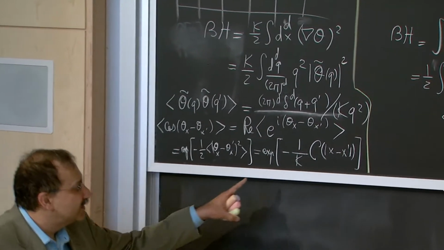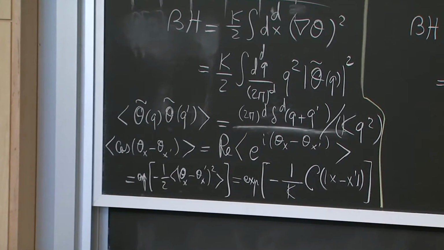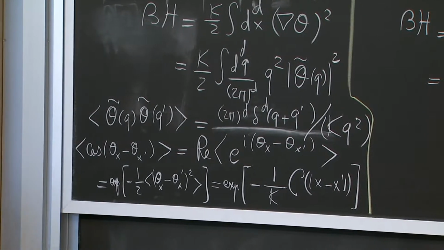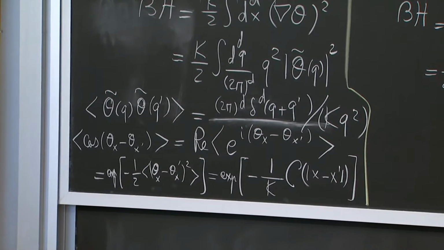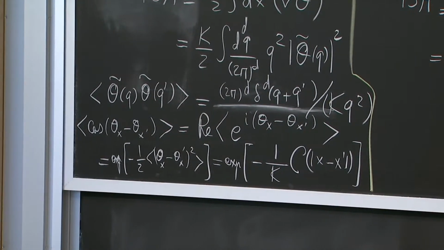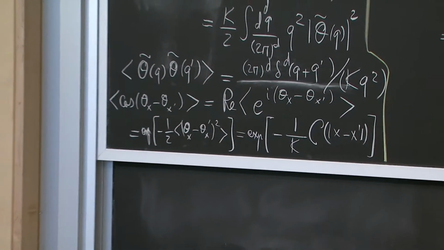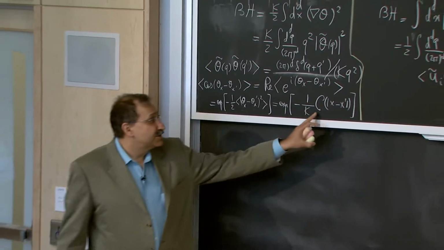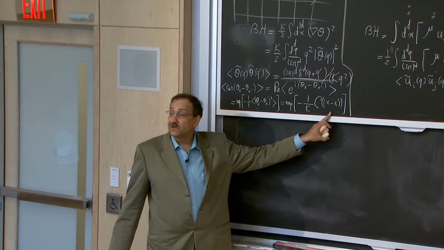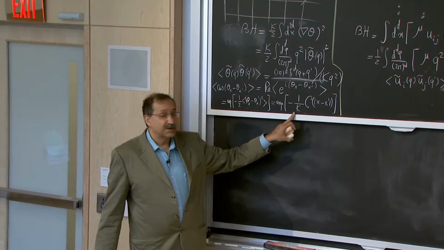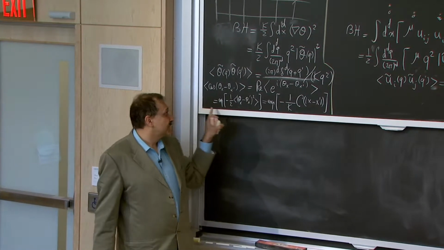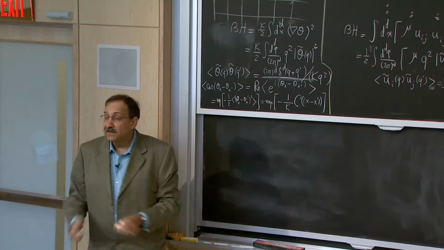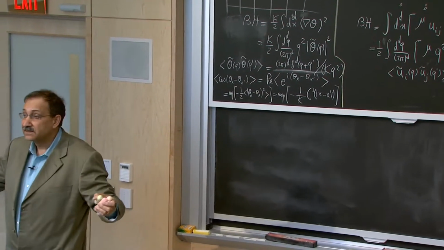And then the statement that we always make is that this entity at large distances, the Coulomb interaction, say in 3 dimensions, falls off as 1 over separation. So in 3 dimensions, this at large distances goes to a constant. 1 over k is something that is proportional to temperature. So at low enough temperature, this entity at large distances goes to a constant.